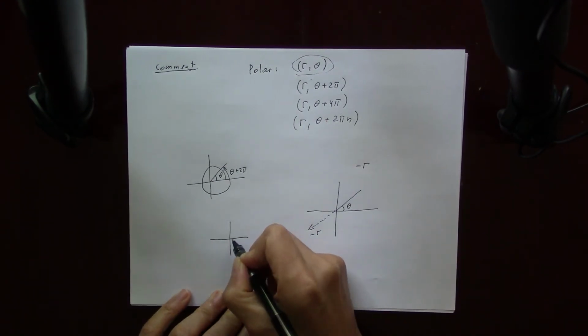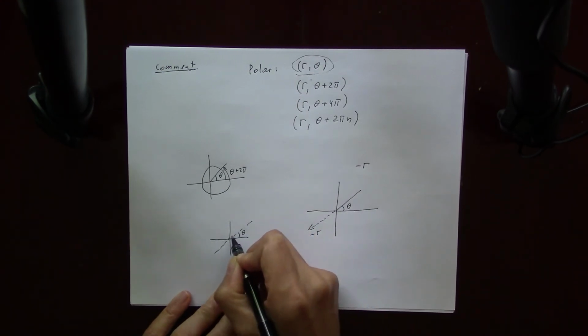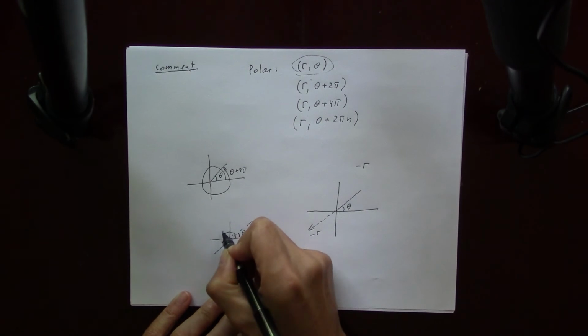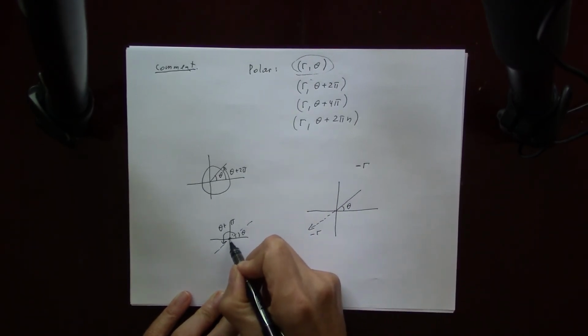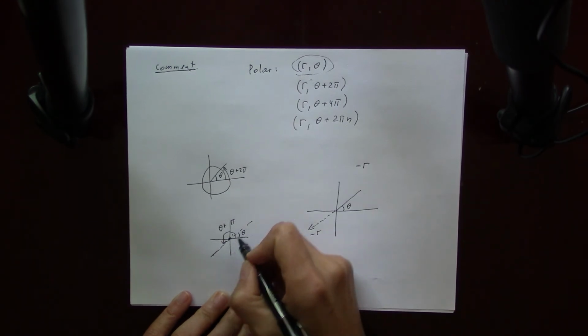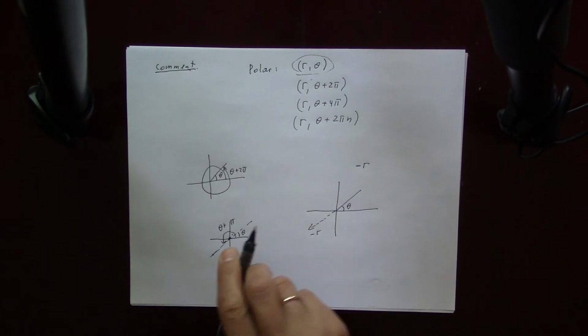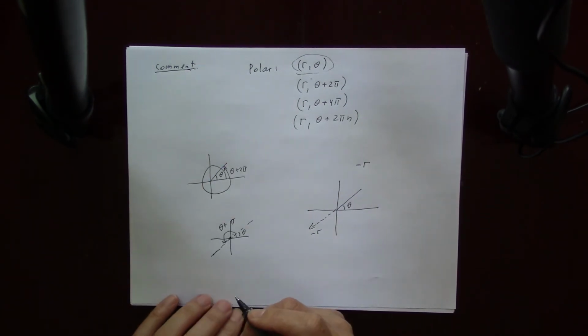Instead of picking the direction theta, we pick the direction of theta plus pi, and in that direction, theta plus pi, we're going to measure negative r. So you flip the direction to the opposite side and you get negative r.